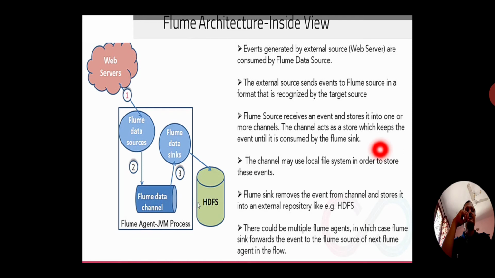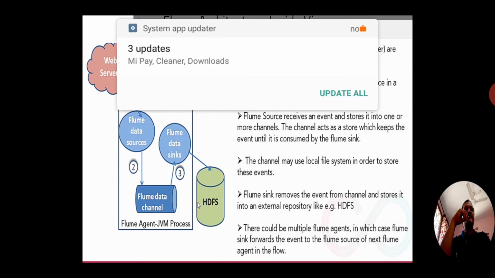The channel acts as a store which keeps the event until it is consumed by the Flume sink. The channels use the local file system to store these events. The Flume sink removes the events from the channel and stores them into external repositories like HDFS.